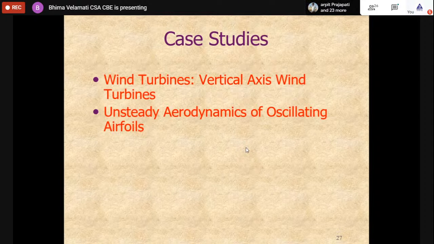The other part of the work is on the aerodynamics of oscillating, rotating airfoils, trying to study what would happen if I change the motion of these aerofoils, how it would affect the flow field, and how it would affect the parameters which I am interested in. And I have added one more case study. I'll see if time permits.